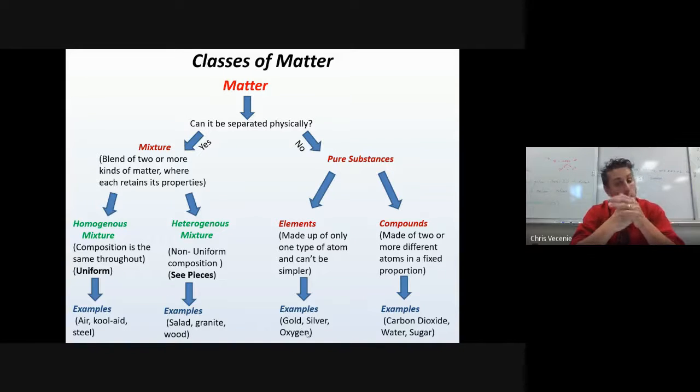Compounds are also pure. All right, and this is where it gets kind of tricky. Compounds are pure as well. They're made of multiple atoms stuck together with bonds, but it's that thing repeated over and over and over again. So if I were to bring in another one of these molecules and you were looking at them side by side, that's a compound.